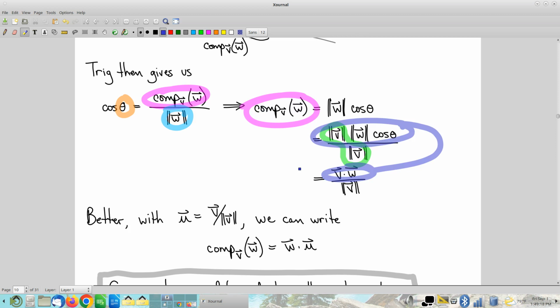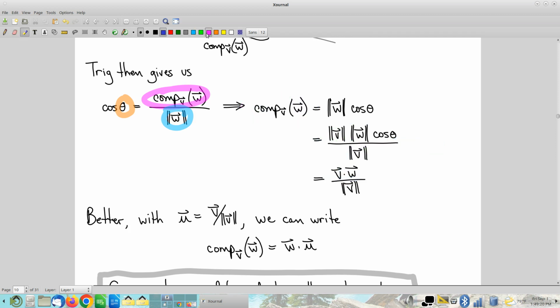And as such, I now have an easier formula for how to compute the component. I can compute the component with dot products. It almost seems like a magic trick. Hey, wait a minute, where did the trig go? And the answer is the trig is hiding inside of both sides of this equation. There's trig in what that component is, and the exact same trig is inside of what that dot product is. So, convenient little relationship. Everybody all right?